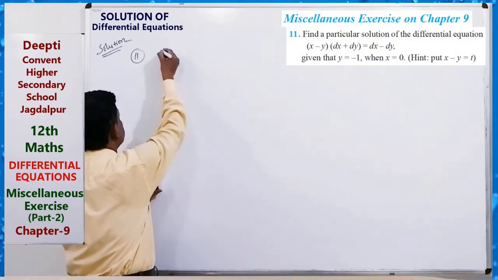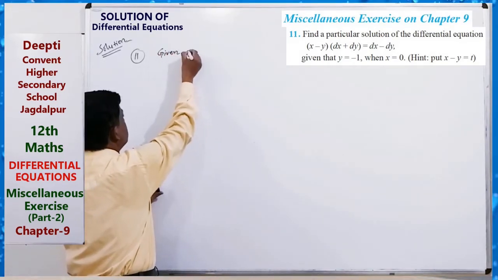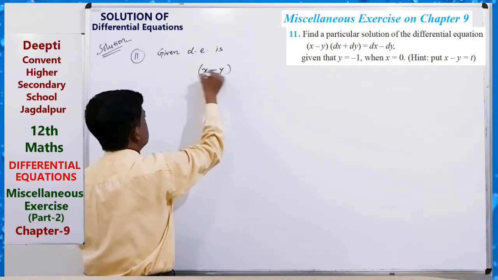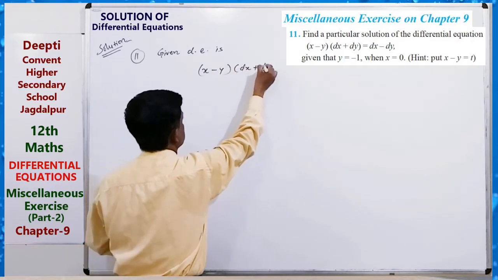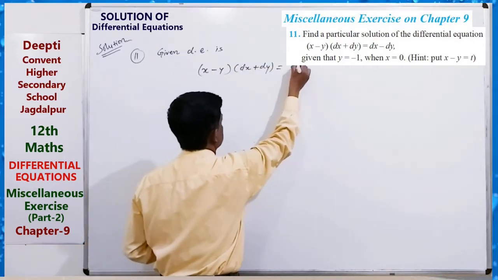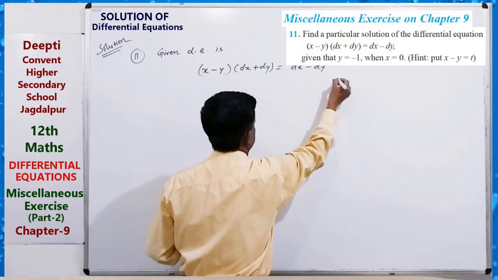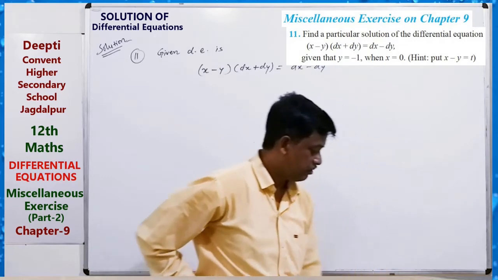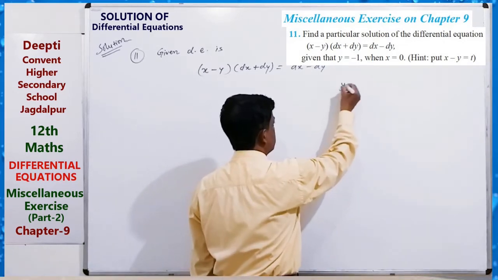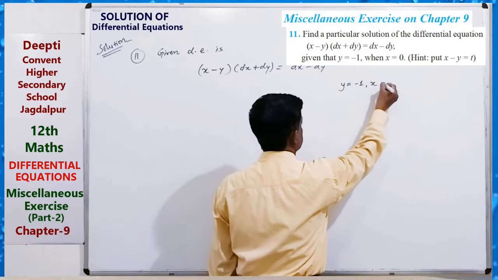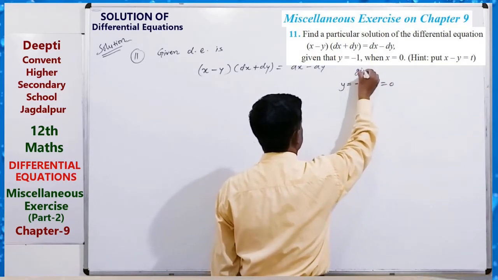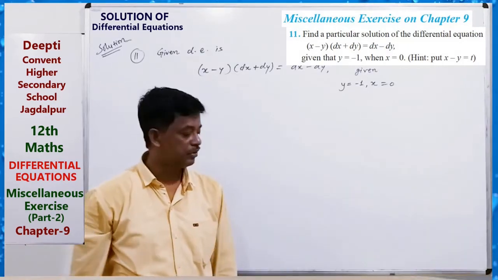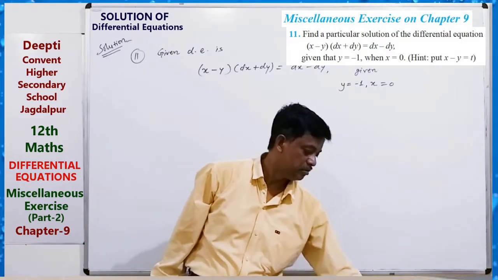So here the given differential equation is (x minus y) dx plus dy equals dx minus dy, given that y equals minus 1 when x equals 0. This is the condition.